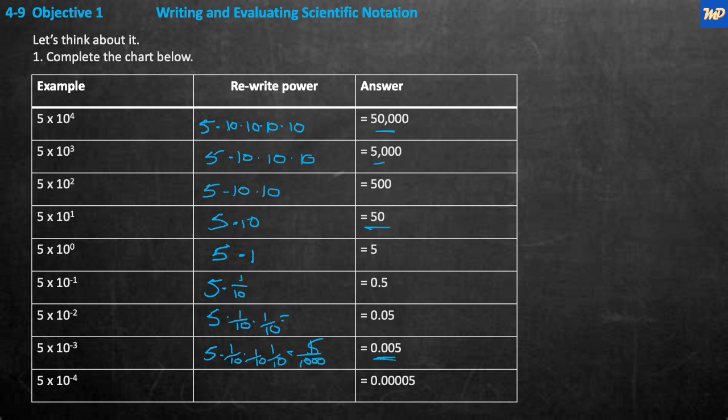And now the longest one here is 5 times 1 over 10 times 1 over 10 times 1 over 10 times 1 over 10, which is equal to 5 divided by 10,000. And that is 0.00005.